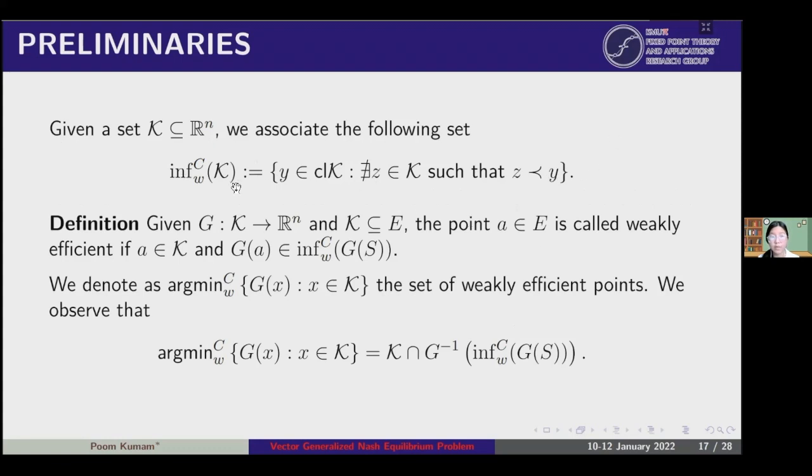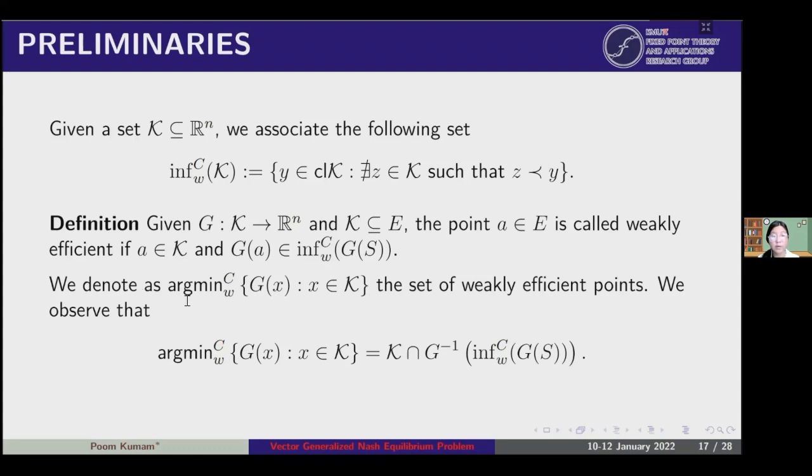So from this notation, we can give the next definition. That is, consider the vector function G and the set K. A point A is called weakly efficient if that point A belongs to the set K, and we map A by using the mapping G, it belongs to the set of infimum of the set G of K again.